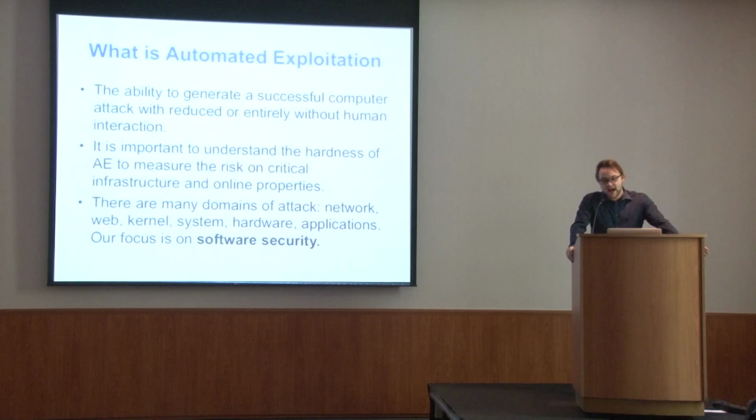What is automated exploitation? I like to call it the ability to generate, in a streamlined way, automatically, with few or no human interventions, a computer attack. When we talk about exploits, there are many domains: network exploits, web exploits, kernel exploits, system exploits, hardware exploits, application level exploits.